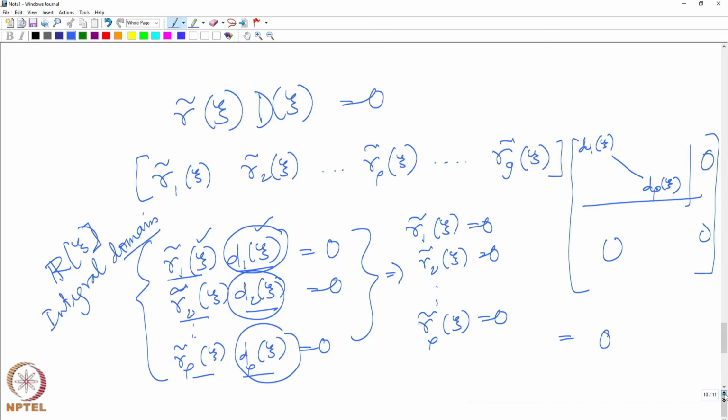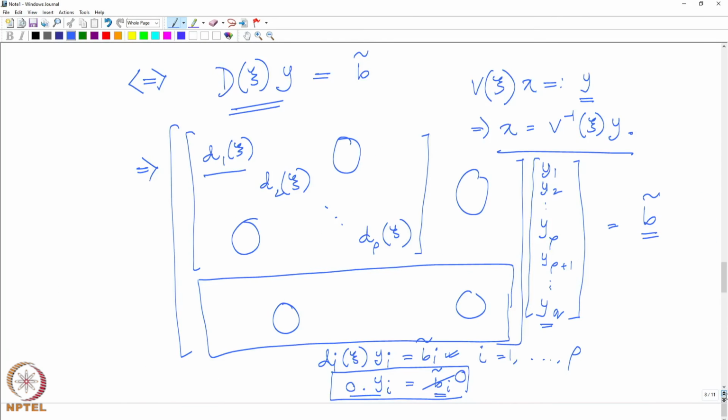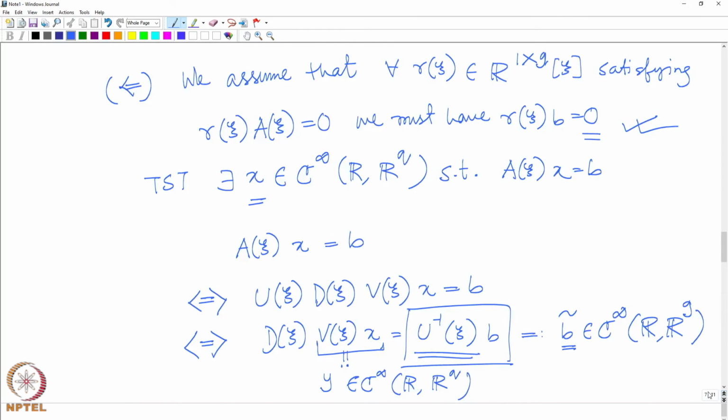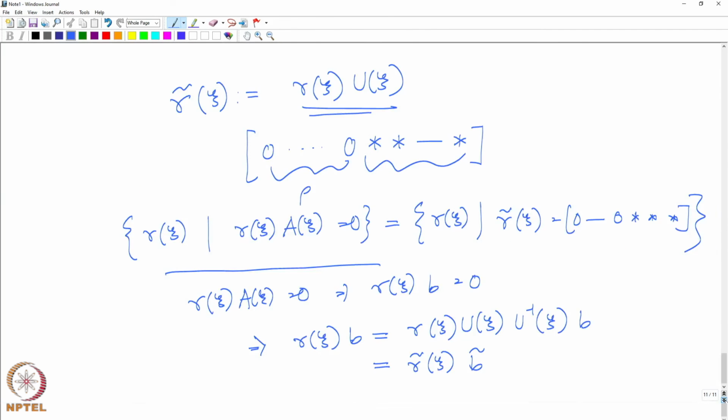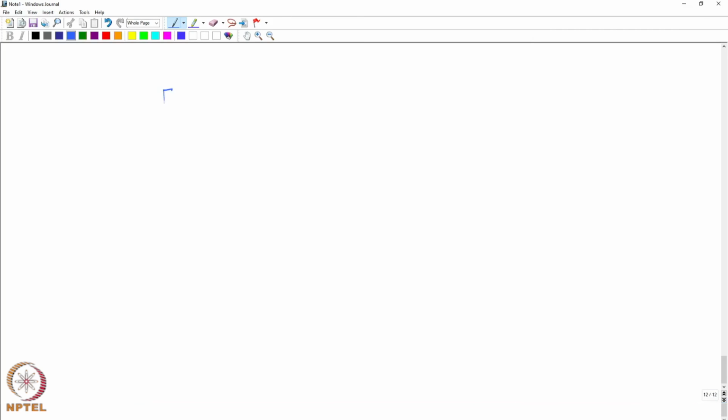Remember how we had defined B tilde? B tilde was defined as U inverse xi B, and R tilde was defined as R xi U xi. So, using these two definitions, R xi acting on B is the same as R tilde acting on B tilde. Now, what is the general form of R tilde?